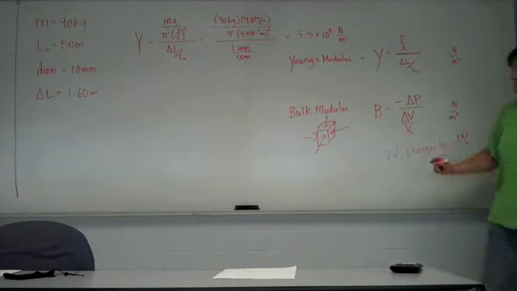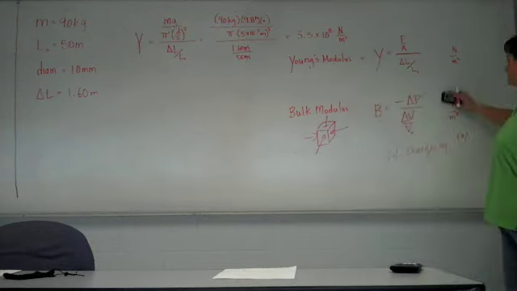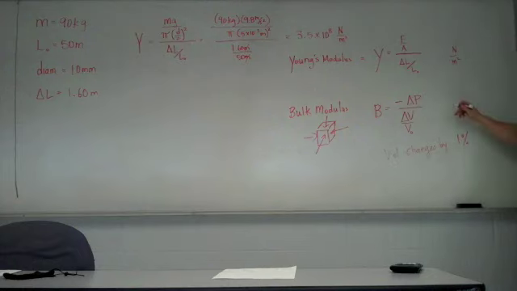What that means is, if it's decreasing in volume, the final volume will be 0.99 times whatever the original volume was. Right with that? If the volume changes by 1%, then the volume that you have left is 99% of what it originally was.